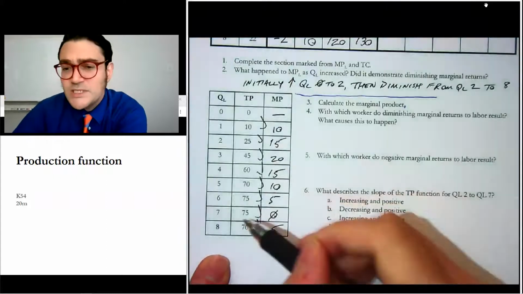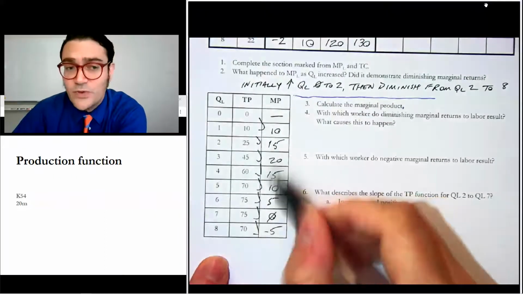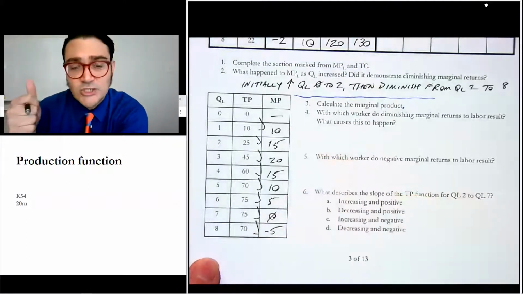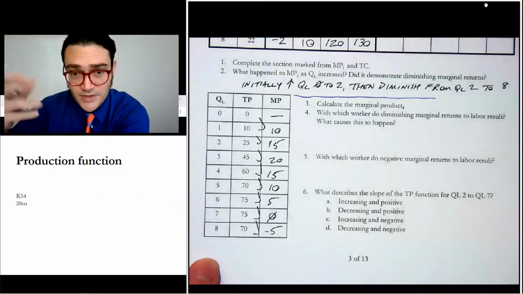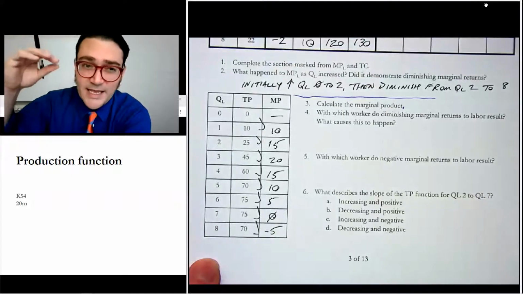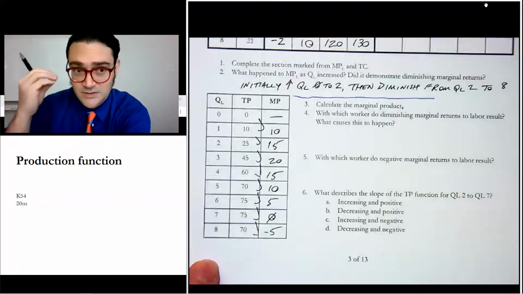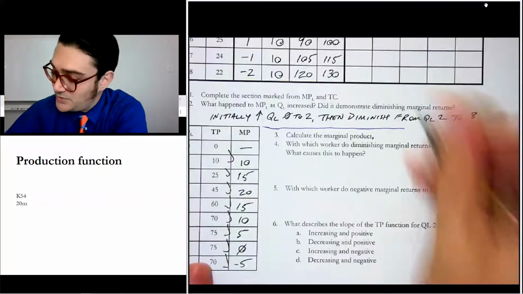I'm going to say this again: it has nothing to do with the quality of the worker. It has everything to do with increasing specialization at first. That's where they get those gains, and then you get diminishing marginal returns because of the fixed inputs.